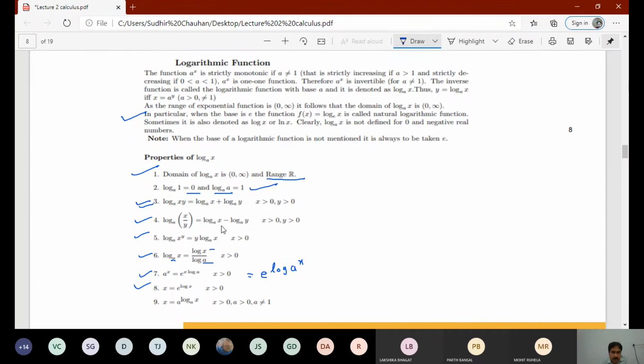So here x can be written as e raised to power log x, where x is greater than 0. So these are some formulas based on log.